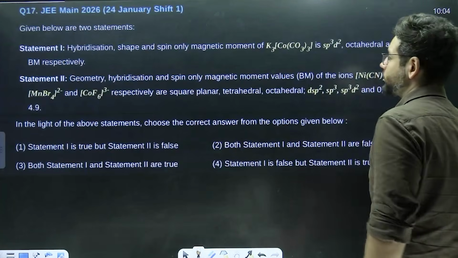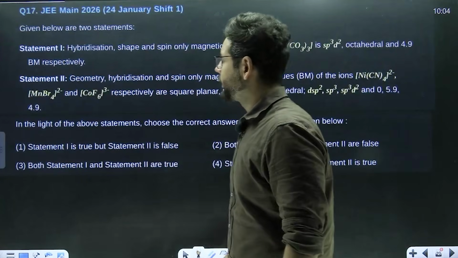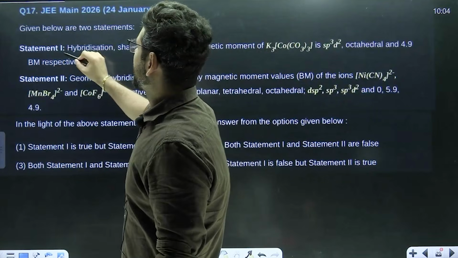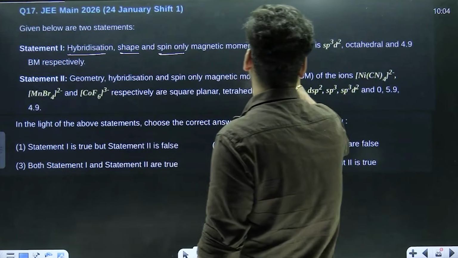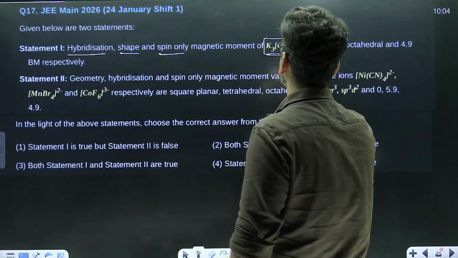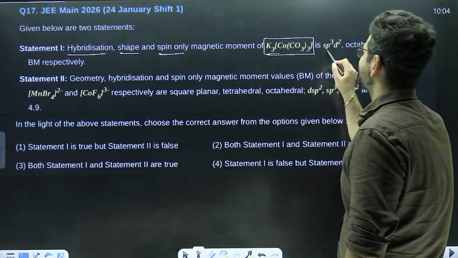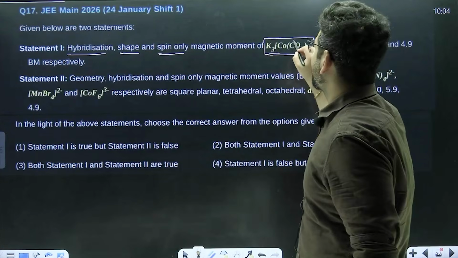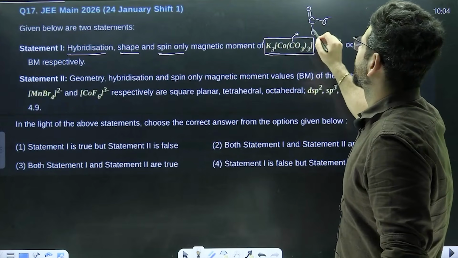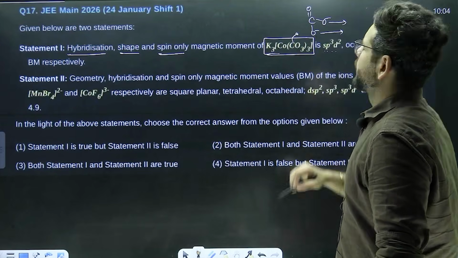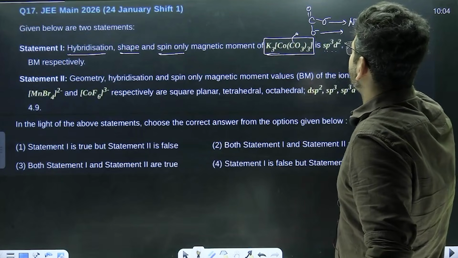Moving on to the next one. Question number 17, which says, statement 1, the hybridization, shape and spin only magnetic moment of K3Co carbonato thrice is sp3d2. See beta, carbonato is an oxygen donor, and these are all weak field ligands.